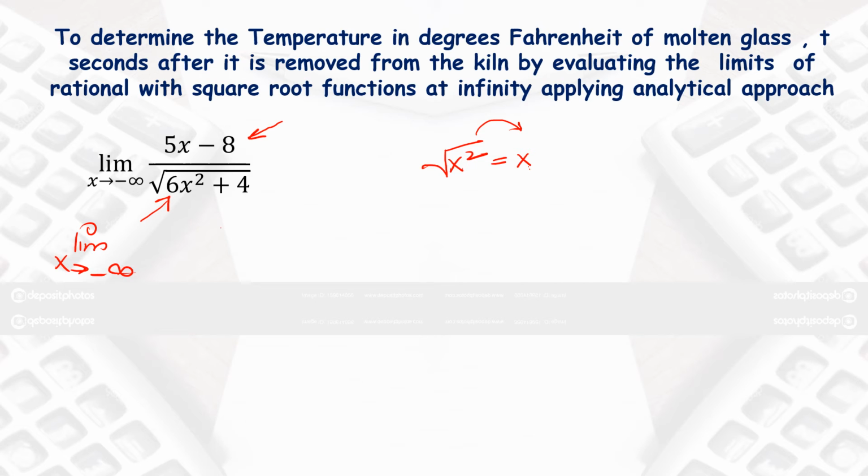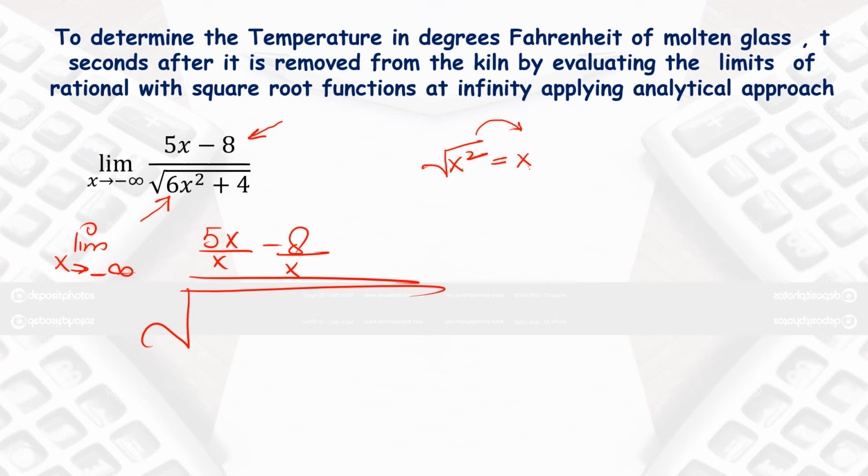Negative infinity, so 5x over x minus 8 over x divided by square root 6x square over x square plus 4 over x square. Now see that this is negative infinity.